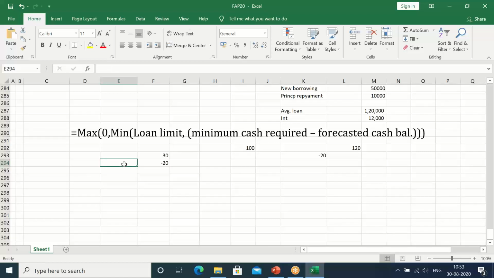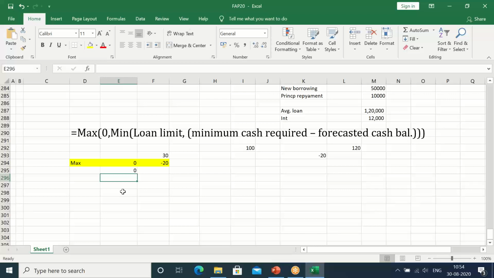तो उसको ठीक करने के लिए मैंने यहाँ पे 0 रखा फॉर्मूले में और इनका मैक्स लगा दिया. सो व्हाट विल हैपन? 0 एंड -20 में जब मैक्स लगेगा तो फाइनल आंसर बाहर 0 आ जाएगा, विच इज द राइट आंसर. Yeah, sir, got it.